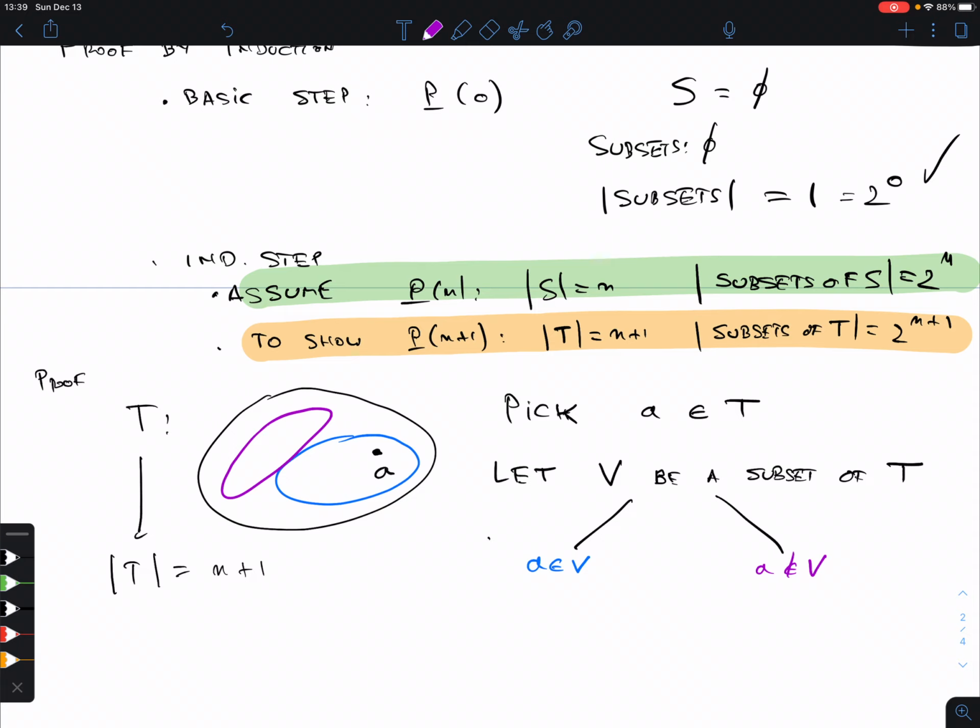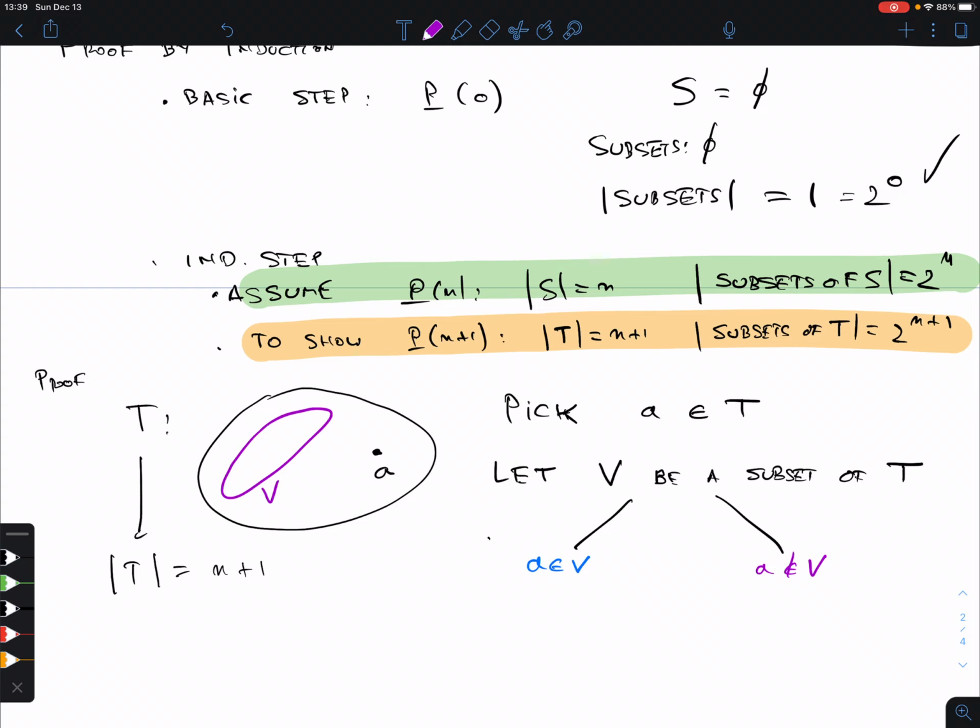Now, let's work with the simplest one first, namely the purple one. What I'm going to do is look at the purple one first. So this is V, as I said. V is here. It doesn't contain A. So what does this mean, actually?